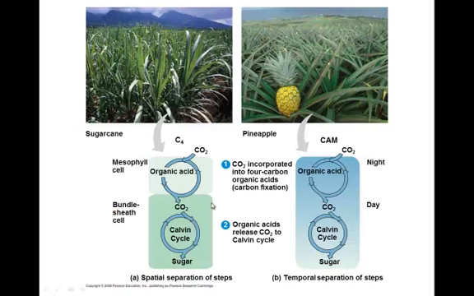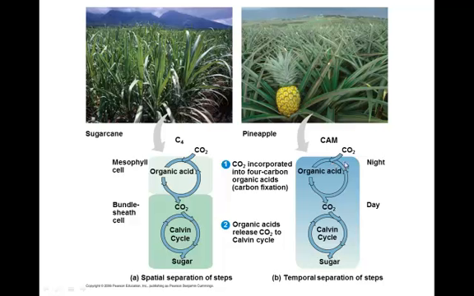And so here I told you we'd go back to this slide. Spatial separations. So where it says Calvin cycle here, that's another name for the dark reactions of photosynthesis, and that's where the sugar's coming out. So think of this as the dark reactions. Here it's separated in space. A typical leaf cell is called a mesophyll cell, and we have to transport the carbon dioxide to the bundle sheath cell, separated in space.